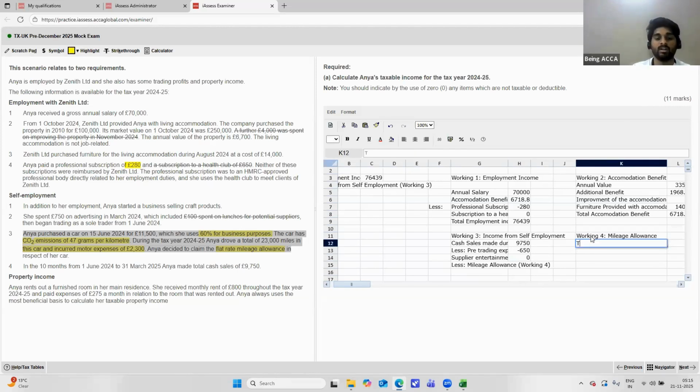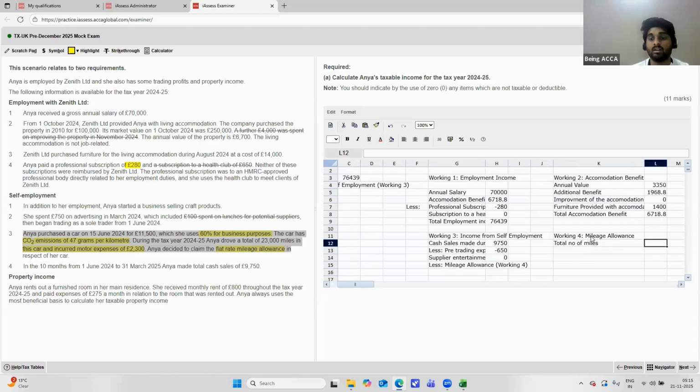First, what would be the total number of miles? Number of miles would be equal to 23,000. And if we have seen earlier, it is only 60% for business use. So that means the number of miles should also be prorated only for the business use. So it will be 13,800 miles for business use.